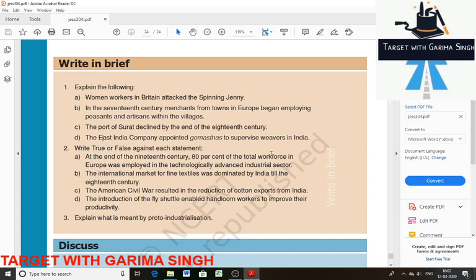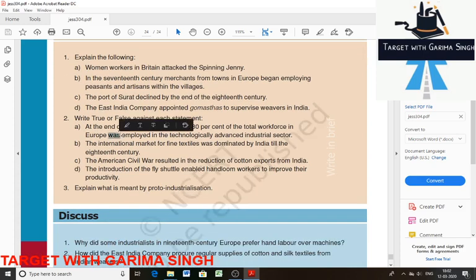Then second, you have to write true or false. It's very easy. At the end of the 19th century, 80% of the total workforce in Europe was employed in the technologically advanced industry.